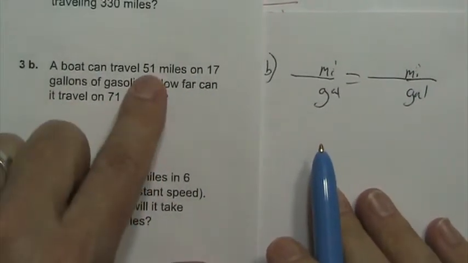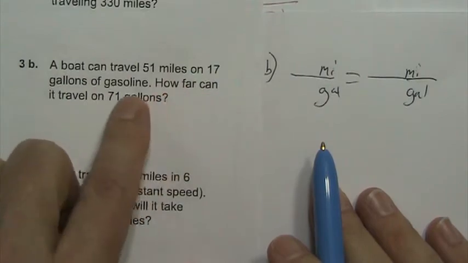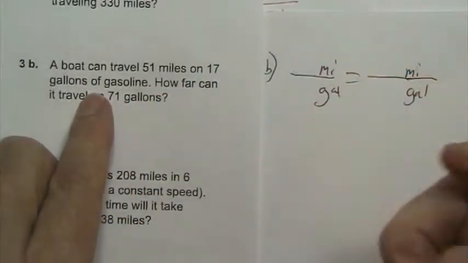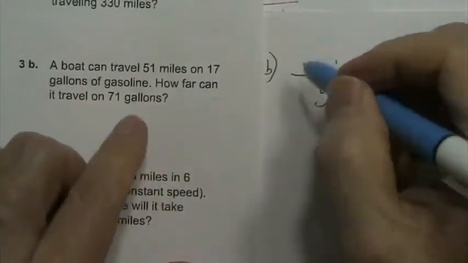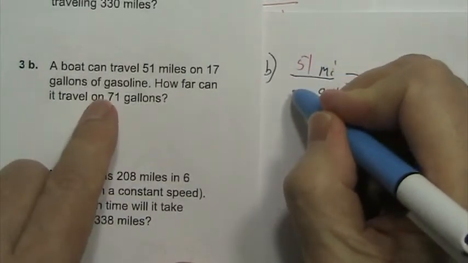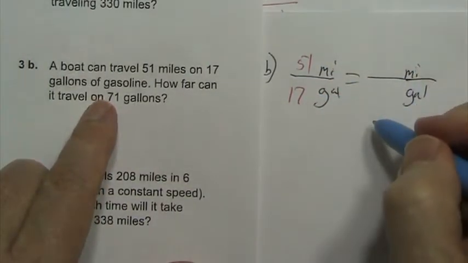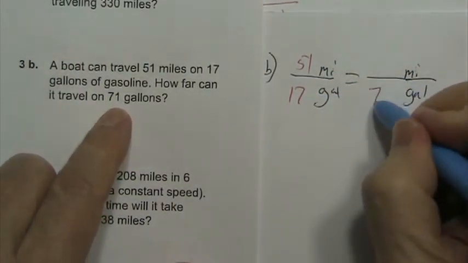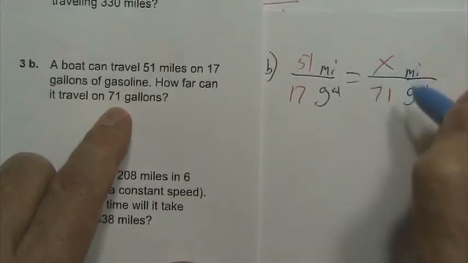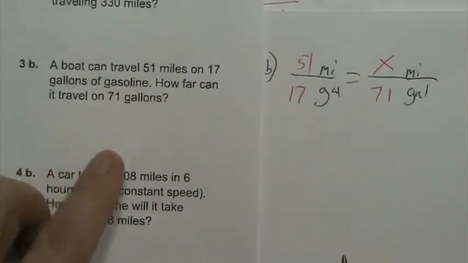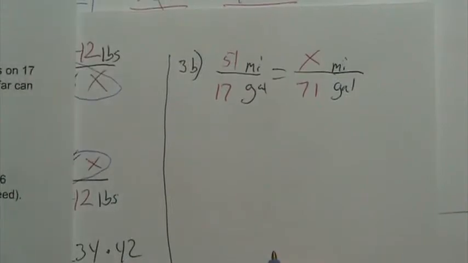Okay, and what are the numbers? 51 miles, 17 gallons. So I'll put that number in there. 51, 17. And then 71 gallons. How many miles with 71 gallons?